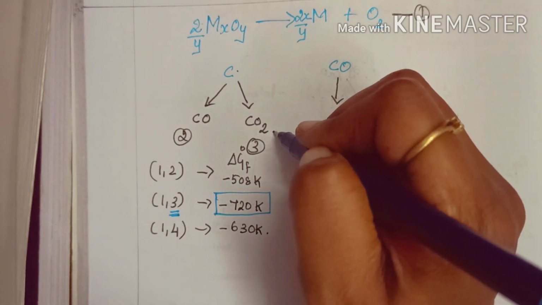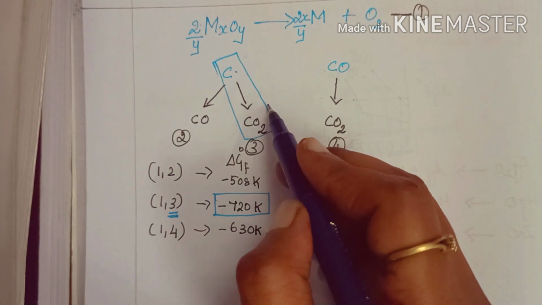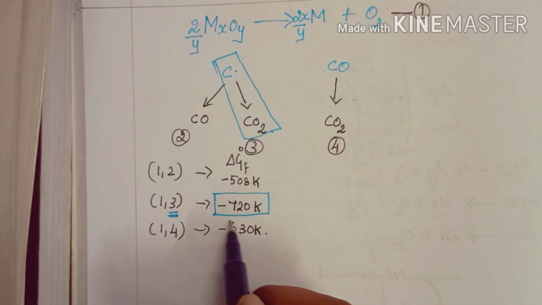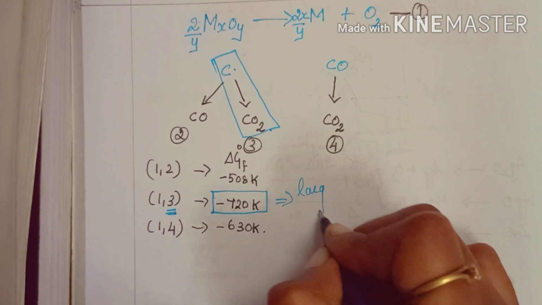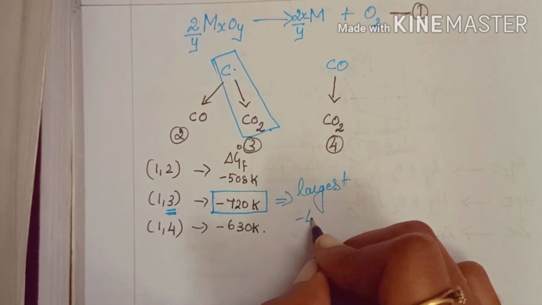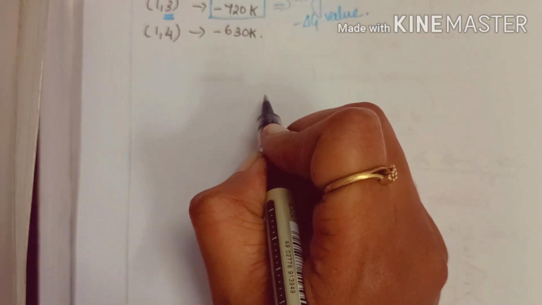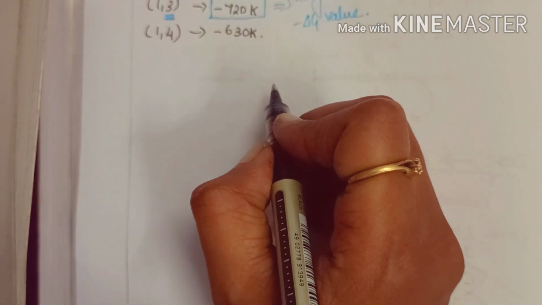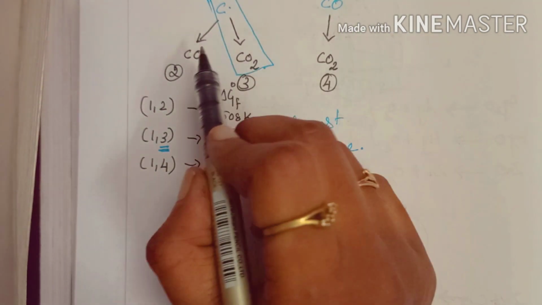Carbon to carbon dioxide. So this one will be your best reducing agent because this one has the largest negative delta G value. I plot a graph for these three equations. I'll plot a Lindholm diagram for these three equations.